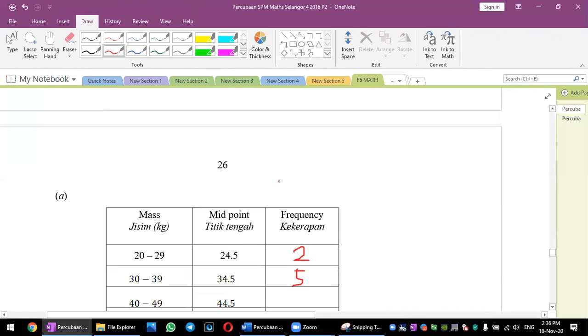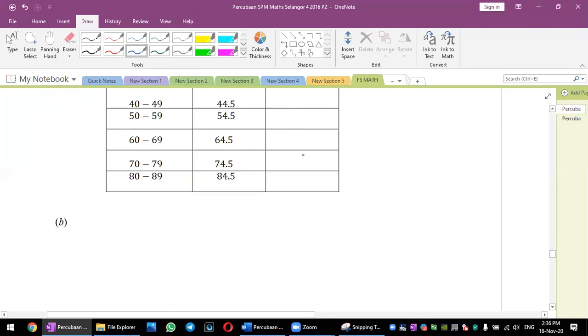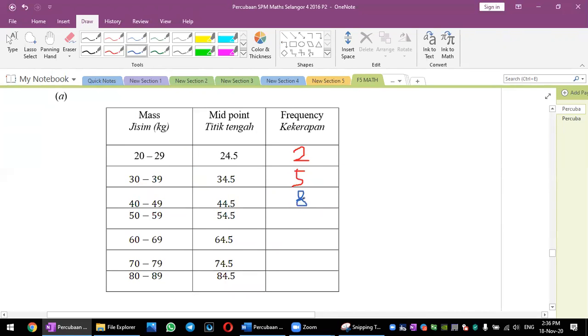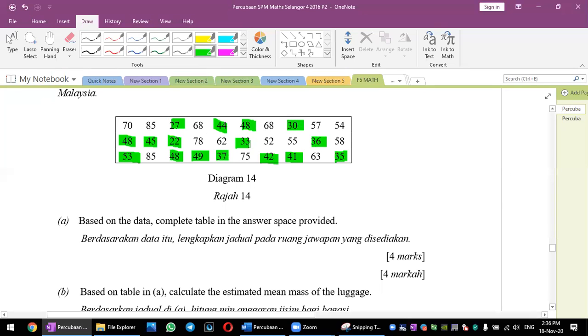Then start with 4. 1, 2, 3, 4, 5, 6, 7, 8. Okay, 8. Then 5 ingat. 1, 2, 3, 4, 5, 6.